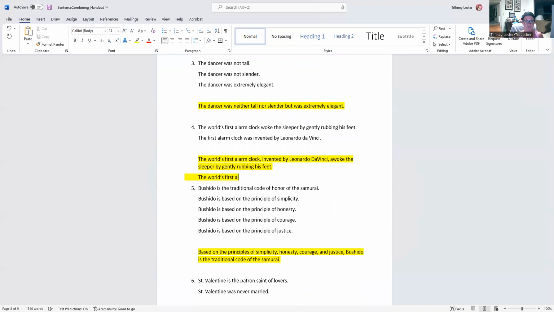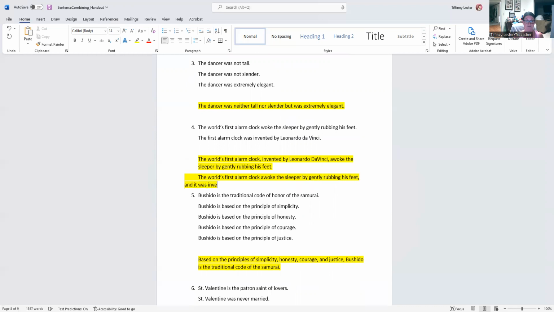The world's first alarm clock awoke the sleeper by gently rubbing his feet, and it was invented by Leonardo da Vinci. Now, this is not incorrect, what I just typed out.